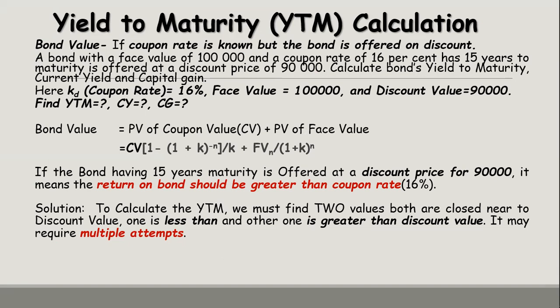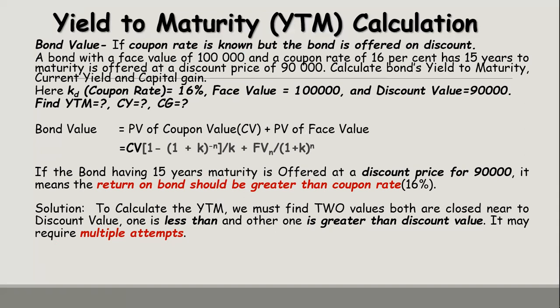We have the same formula which we used in the previous example. If the bond having 15 years maturity is offered at a discount price of 90,000, it means the return on the bond should be greater than the coupon rate. In case of a premium value, the return will be less than the coupon rate.